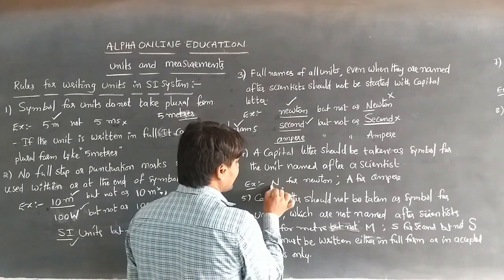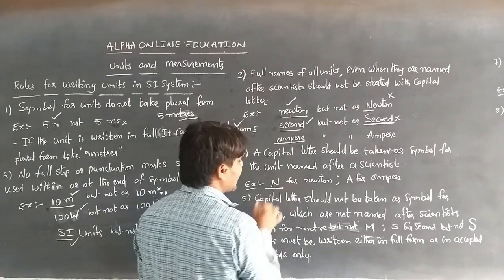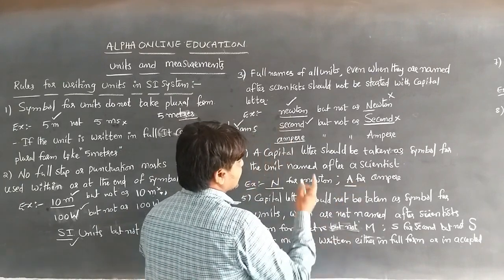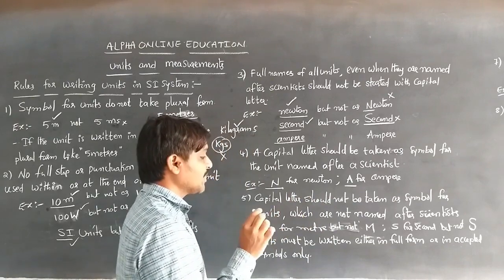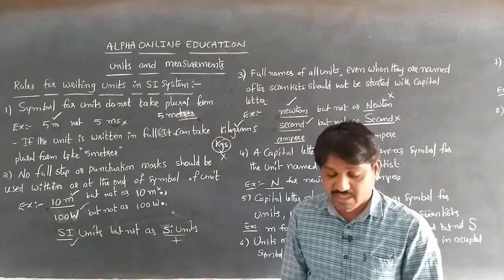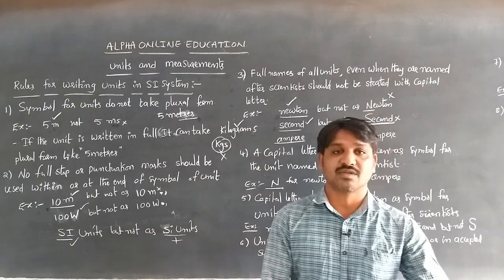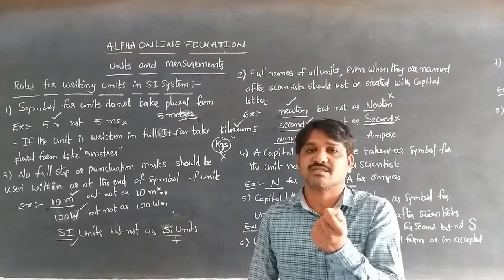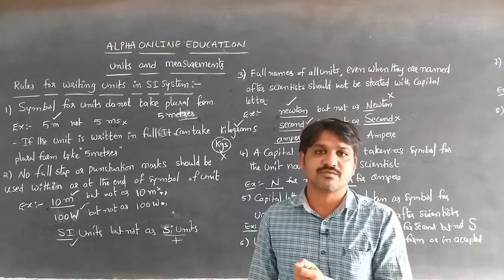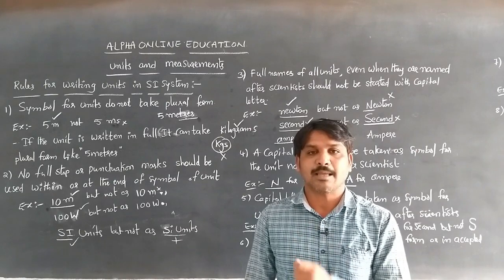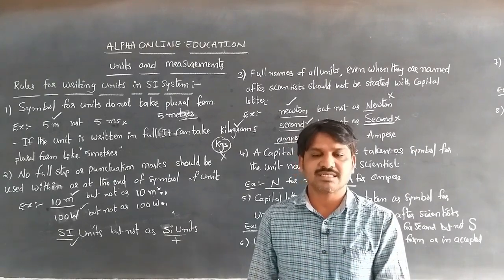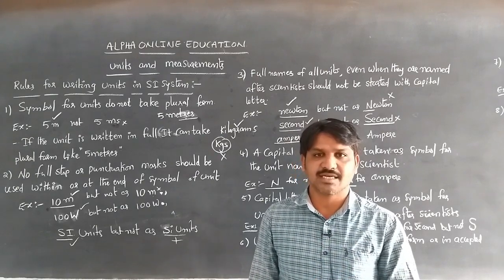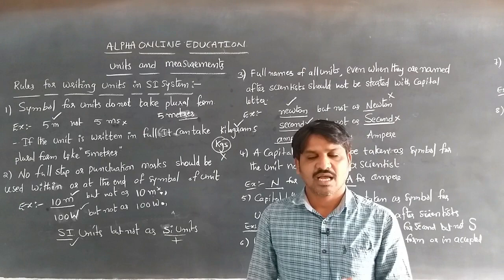For newton, we should write capital N, and for ampere, A. Capital letters can be used for symbols only of units named after scientists. Units which are not named after a scientist cannot be denoted with capital letters, like meter as well as second.